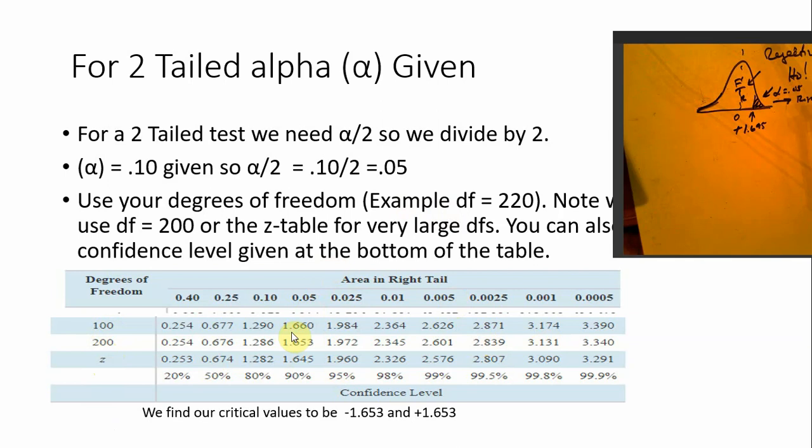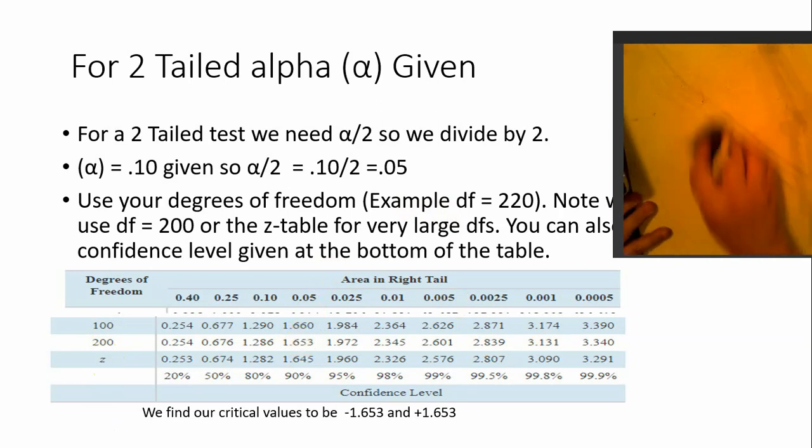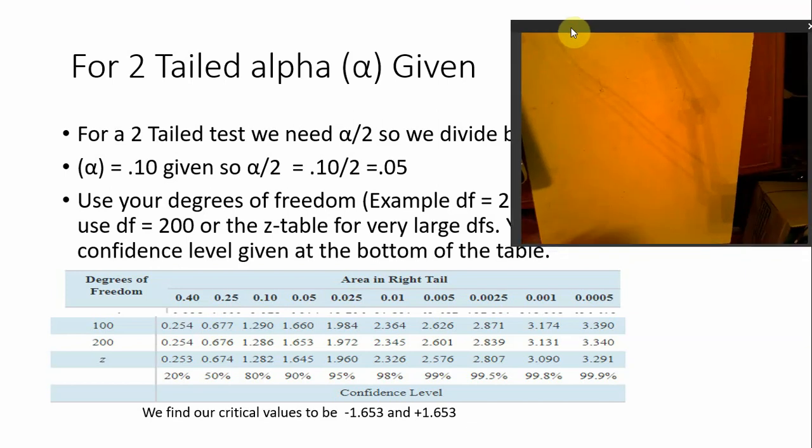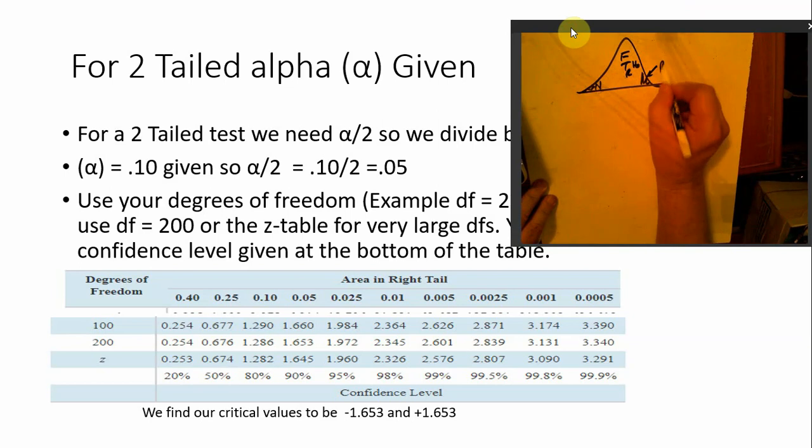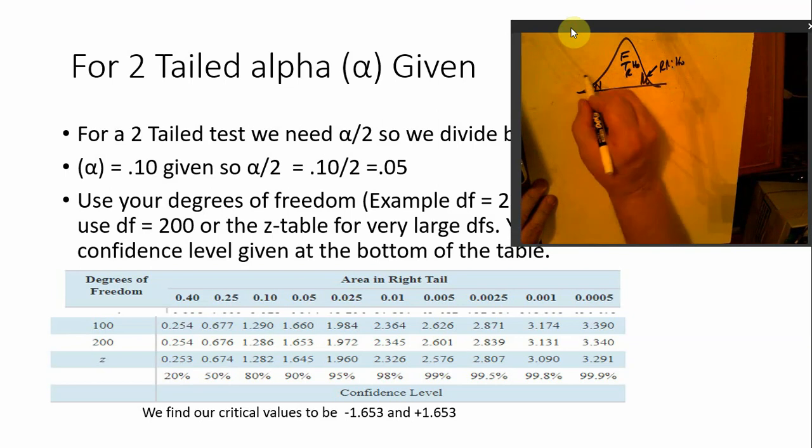0.05, 200, 1.653, but I'm doing a two-tailed hypothesis test. This is fail to reject region, fail to reject H0, rejection region, rejection region. I got two rejection regions.